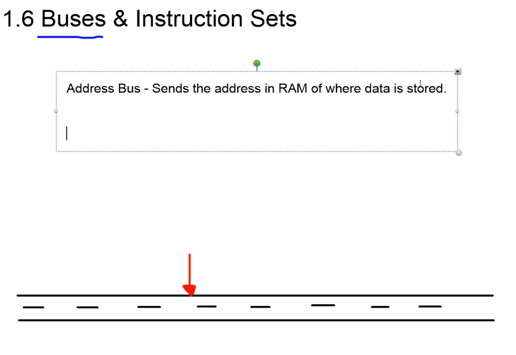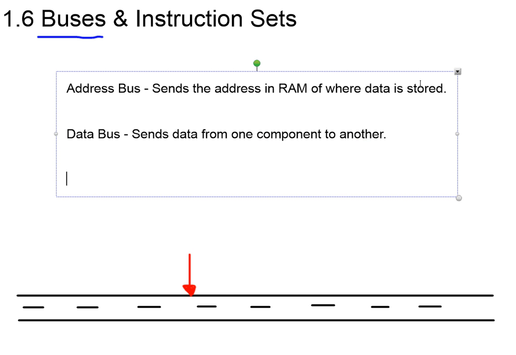We've got the data bus, which sends data from one component to another. And lastly, we've got the control bus. The control bus is used by the control unit to send control signals to other components.